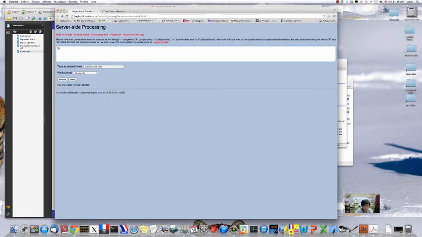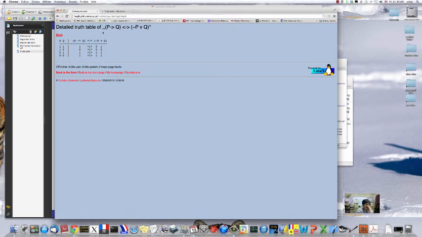So let's say P implies Q, not P or Q. Okay, so let's execute. So as you can see, it is always true. So you get the same value of the logic here, so you get the same copy here. So therefore, it has to be the same.